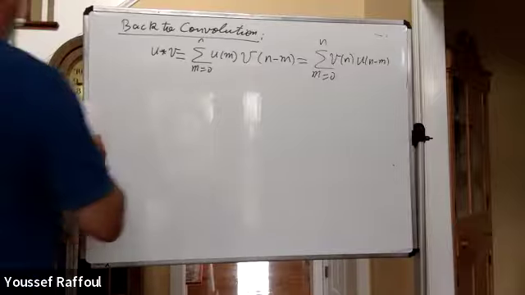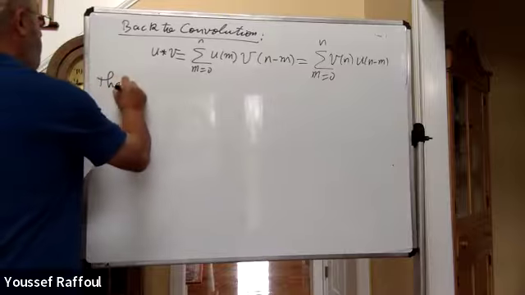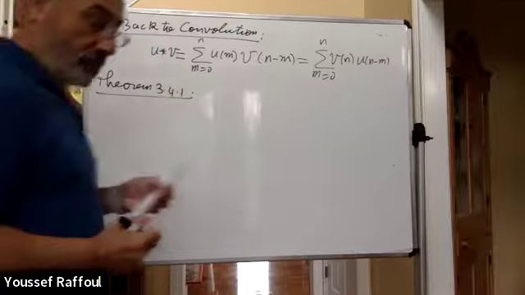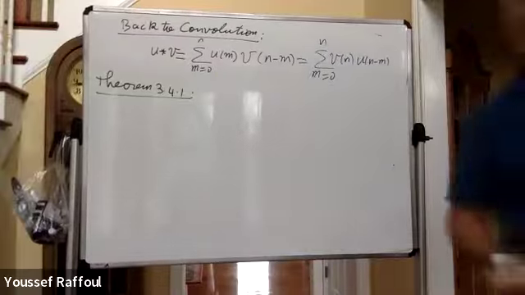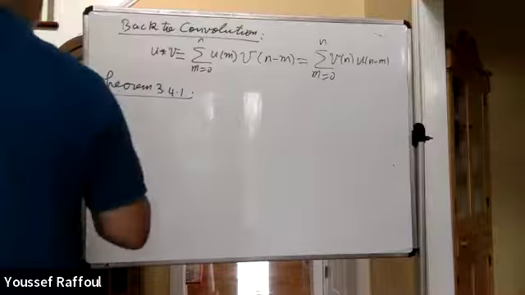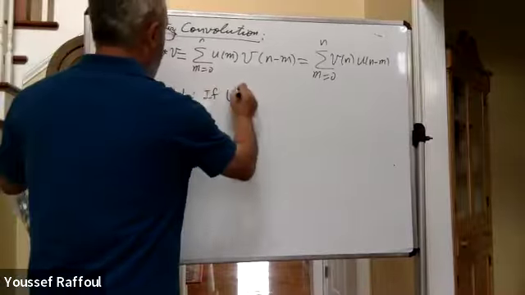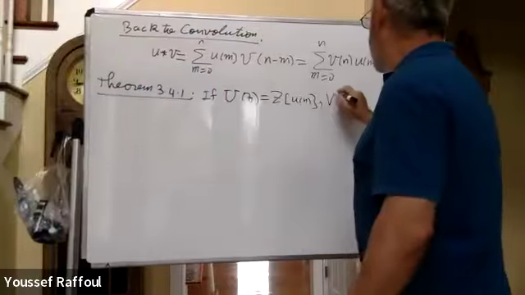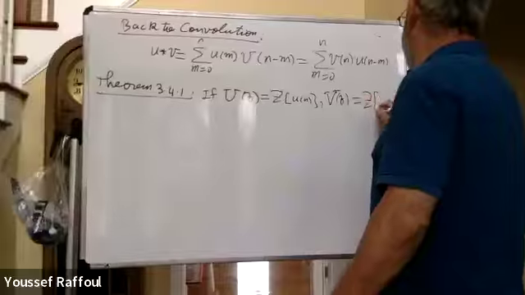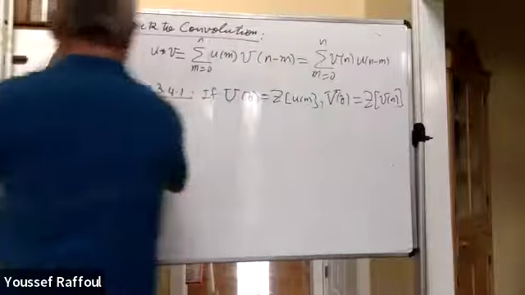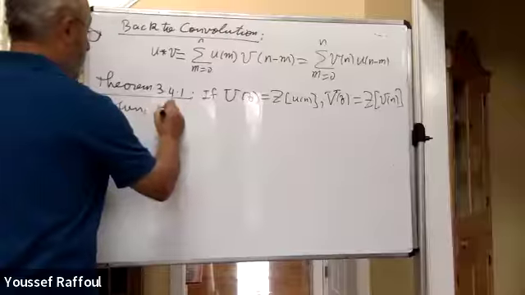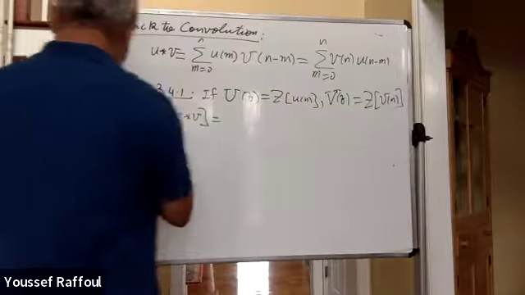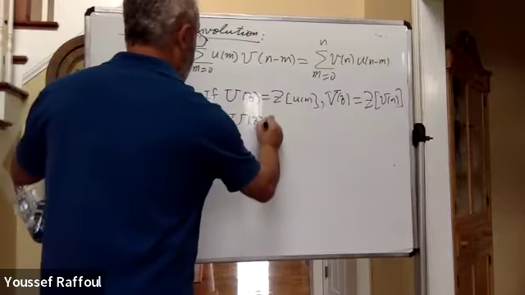Now we have theorem 3.4.1. Okay? So if U(z) equals the Z transform of u_n, and V(z) equals the Z transform of v_n, then the Z transform of u star v is U(z) times V(z).